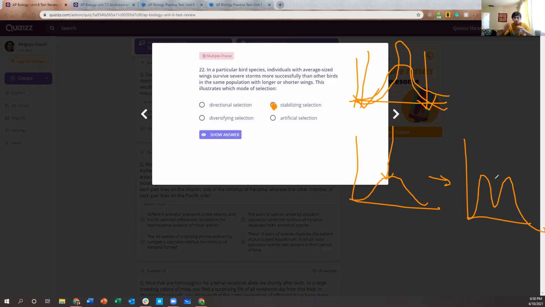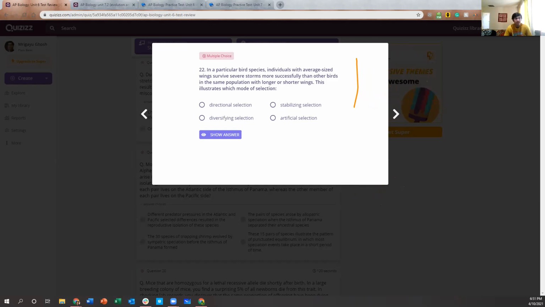So now you have two new modes, I guess you could say, in this case, because the average was selected against. So this is disruptive selection. I think those are the three big ones that would help to know. Once again, it's more about the concept than memorizing it.